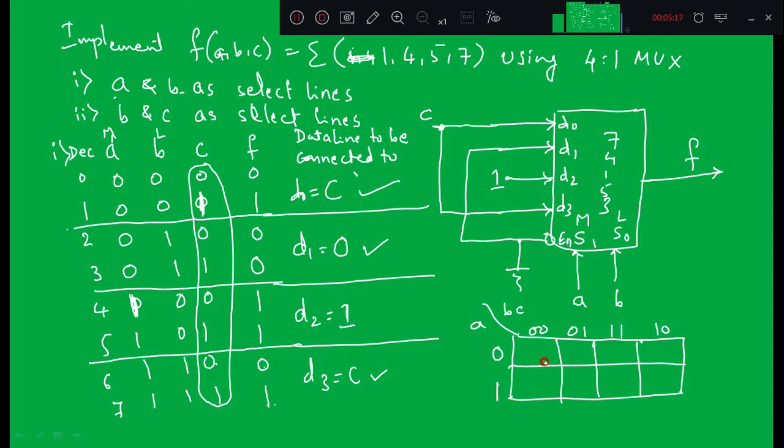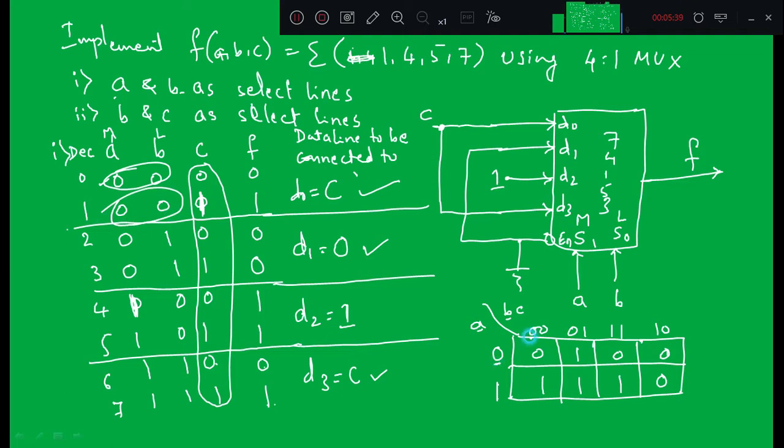Now fill these cells: 0 is 0, 1 is 1, 2 is 0, 3 is 0, 4 is 1, 5 is 1, 6 is 0, 7 is 1, right? Again A and B are taken as select lines. So identify where A is equal to 0 and B is equal to 0.